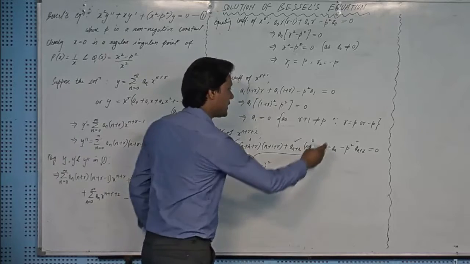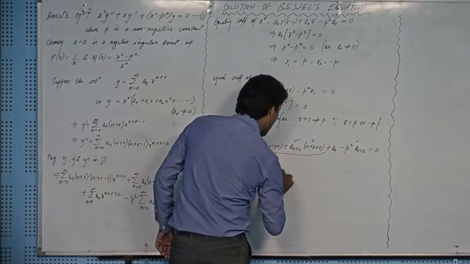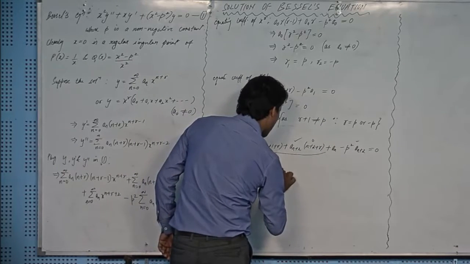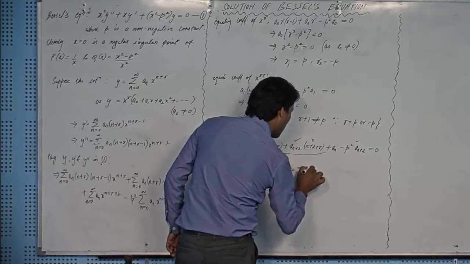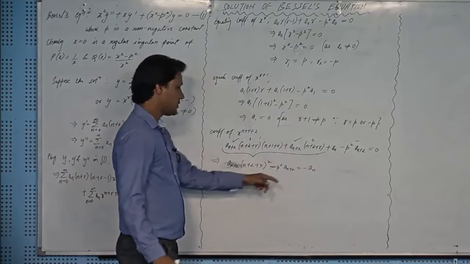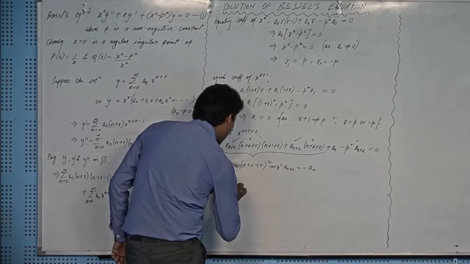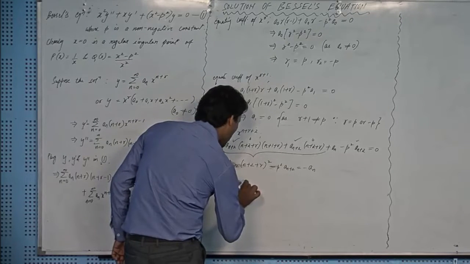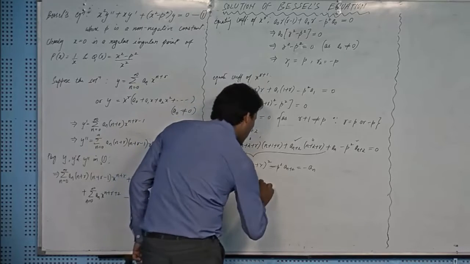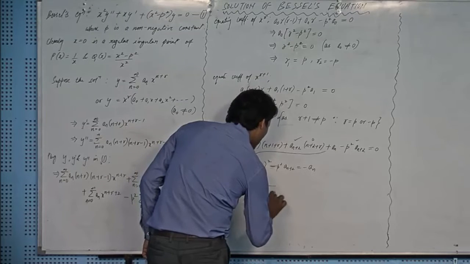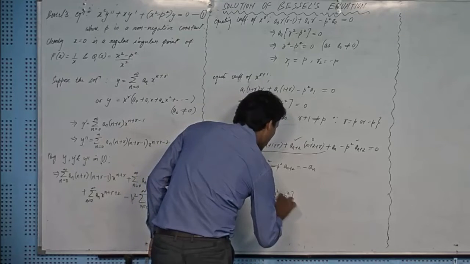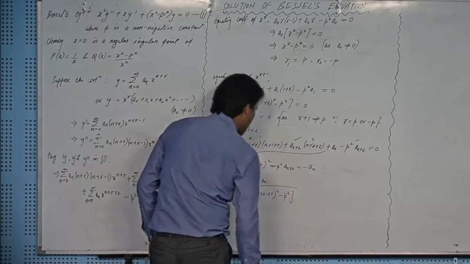And now the term a(n) can be taken on the right hand side, and this is minus p square a(n+2) equal to negative of a(n). Now we can take a(n+2) common, and that will produce a(n+2) equal to negative of a(n) divided by (n+2+r) whole square minus p square, right?